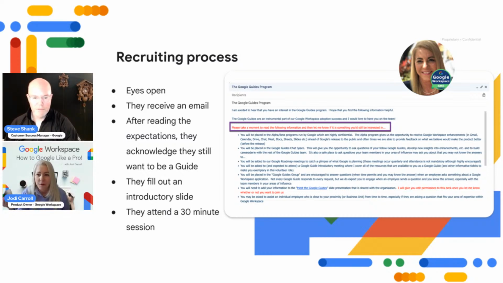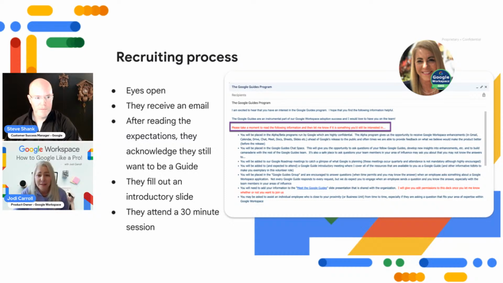So I constantly am recruiting without really recruiting. I'm just looking for those people that are willing to share what they know with other people. Then I send them an email. So I will always follow up with an email, and the email is a template, by the way, that I created in Gmail. And so I don't have to recreate it all the time. And it basically leads them to what is a Google Guide, there's an attachment to it, et cetera.